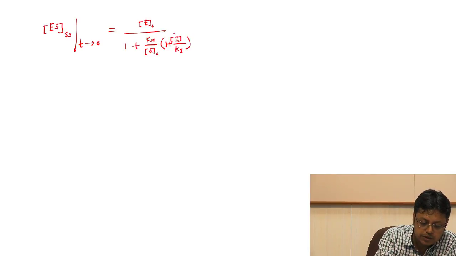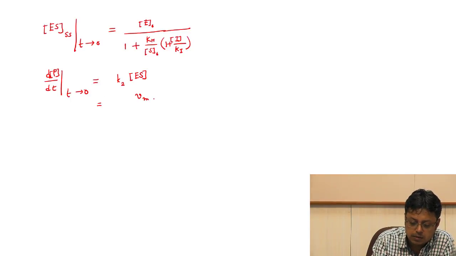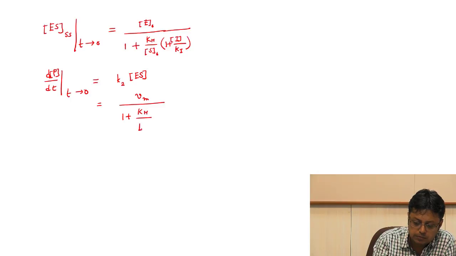So the rate of the reaction, or dP/dt at t tends to 0, is K2 into ES, which is nothing but K2 into E0, which is Vmax, divided by 1 plus Km divided by S0 into 1 plus I by Ki.